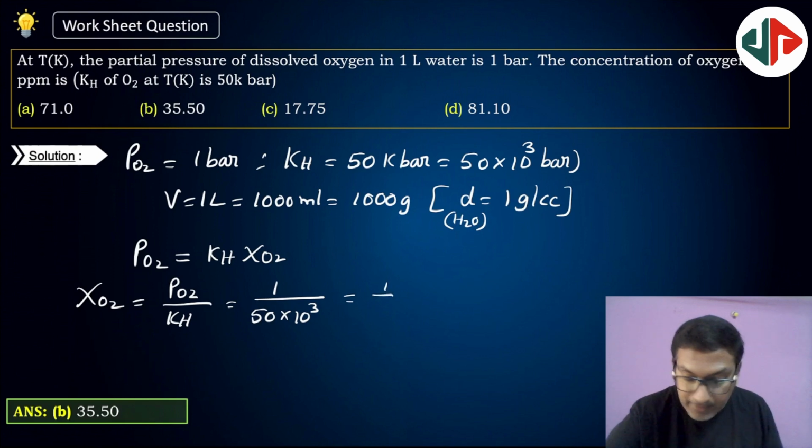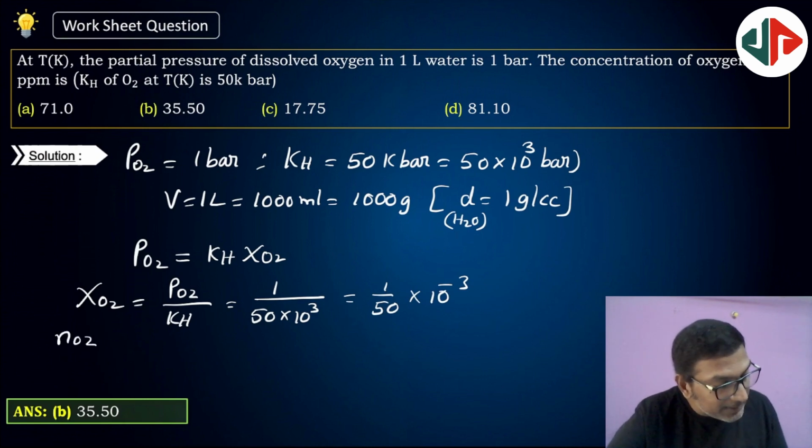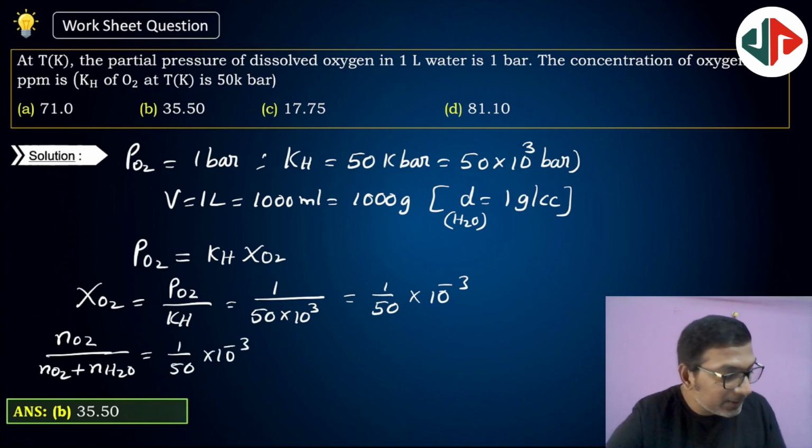So that is 1 by 50 into 10 power minus 3 mole fraction. Next, again mole fraction equals number of moles of O2 by number of moles of O2 plus number of moles of water, equal to 1 by 50 into 10 power minus 3. So number of moles of O2 can be neglected.